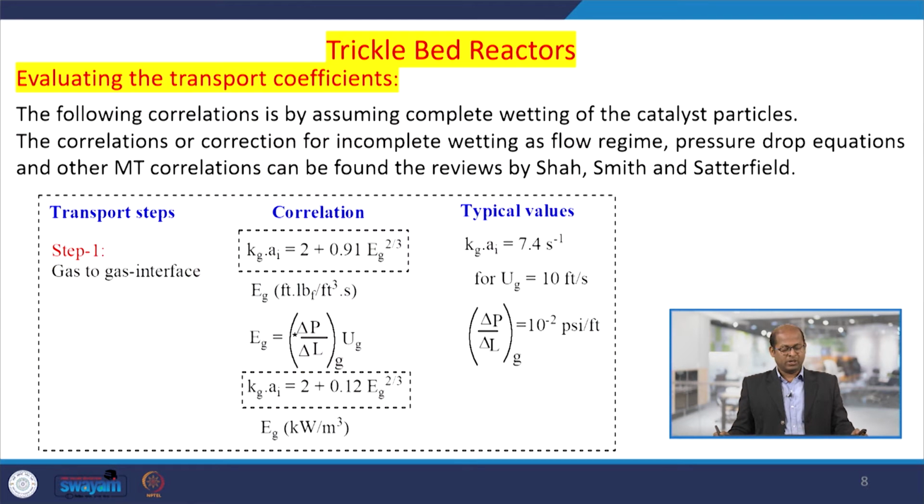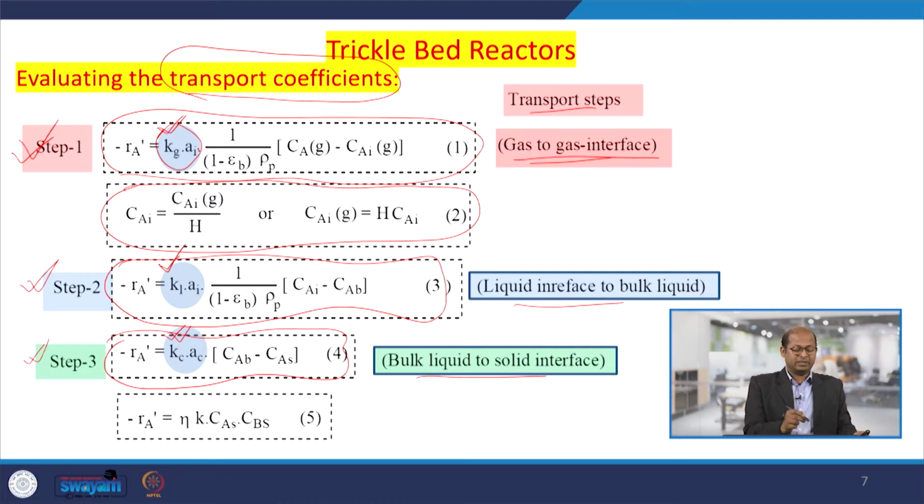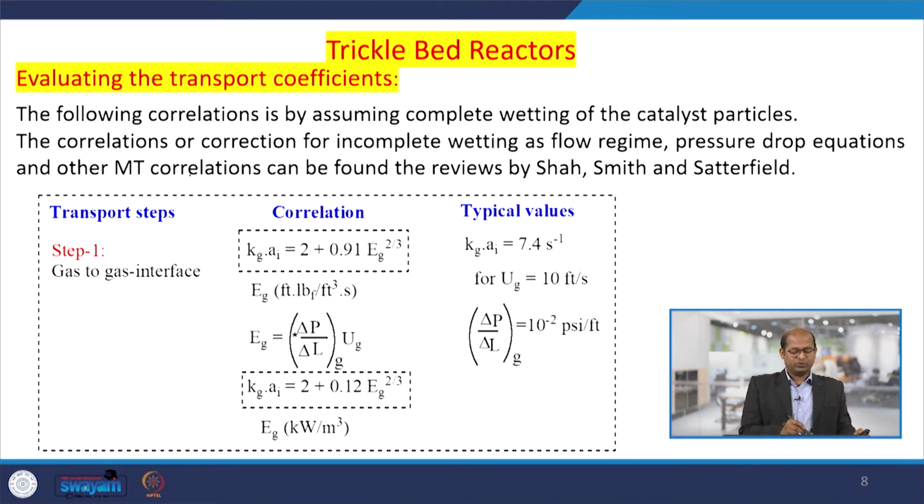Now, what are the correlations available to find these components? Kg Ai is for the resistance of mass transfer of component A from the bulk gas to the gas-liquid interface.